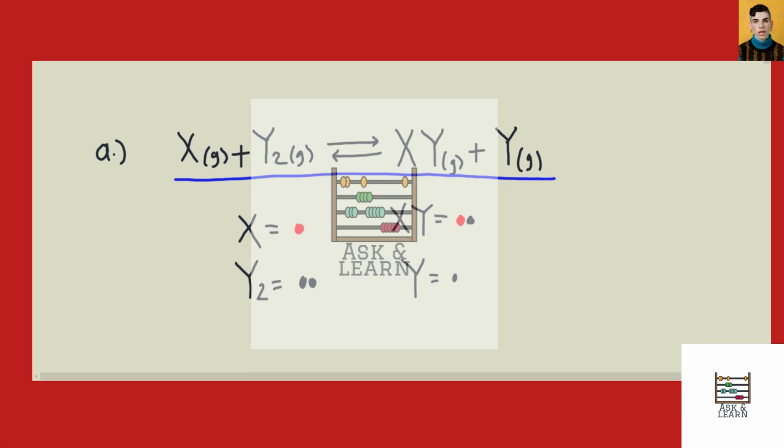We can write out the equilibrium expression Kp using this equation that we have written out. We know that we need to have the partial pressure of each gas on the product side raised to its stoichiometric coefficient.